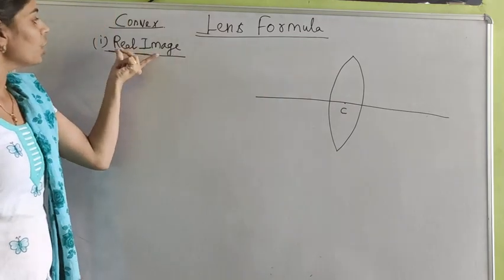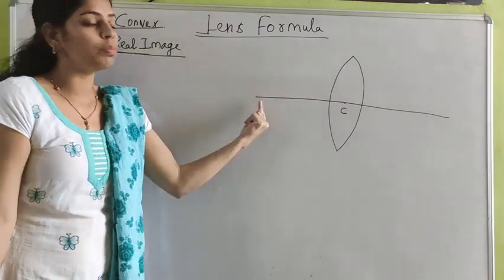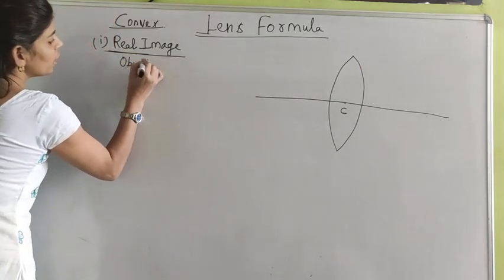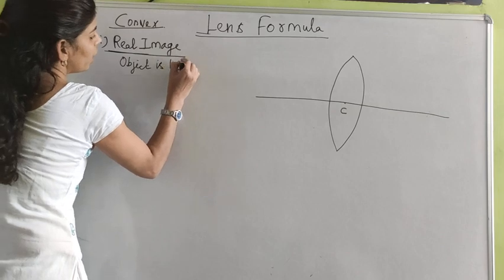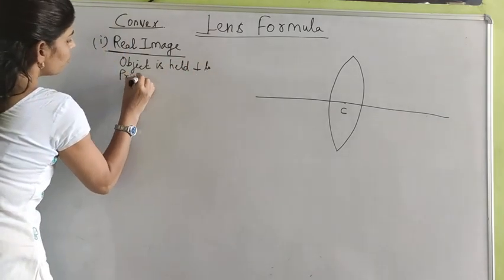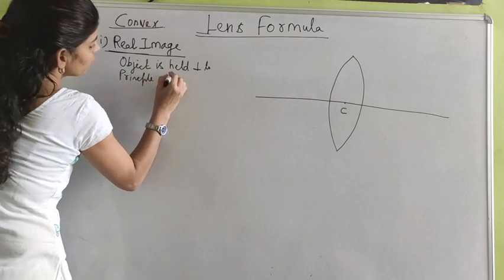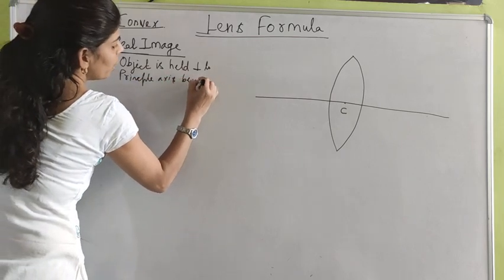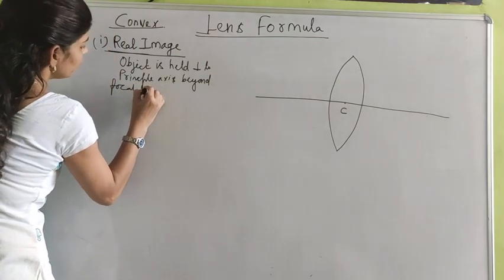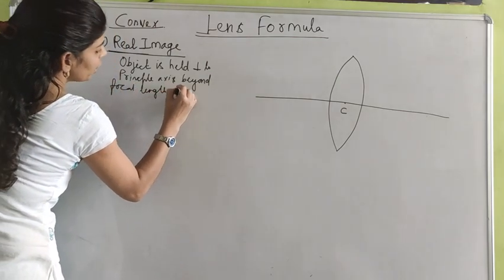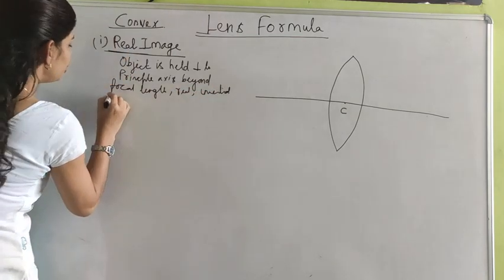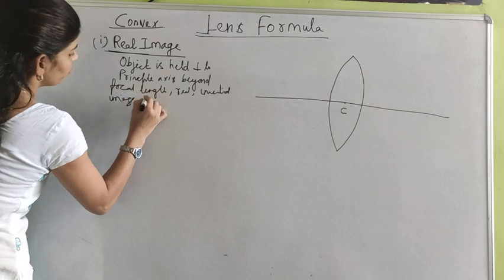So in case of real image, object is held perpendicular to the principal axis beyond focal length. The real inverted image is formed.